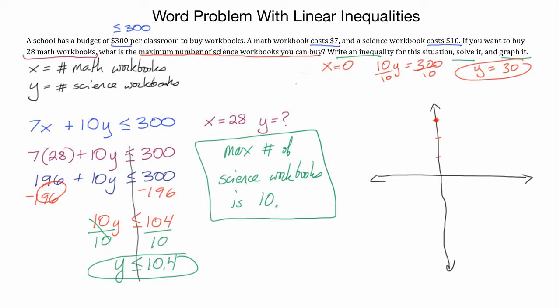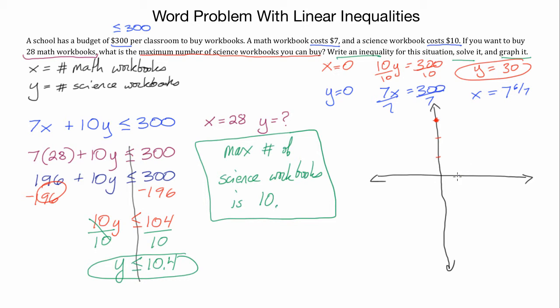So I need another point to draw a line, so let's find the x-intercept. Let's set y equal to 0, which means now I've got 7 times x is equal to 300. If I divide both sides by 7, I get a really ugly decimal, but to the nearest fraction, it's going to be x equals 7 and 6/7.